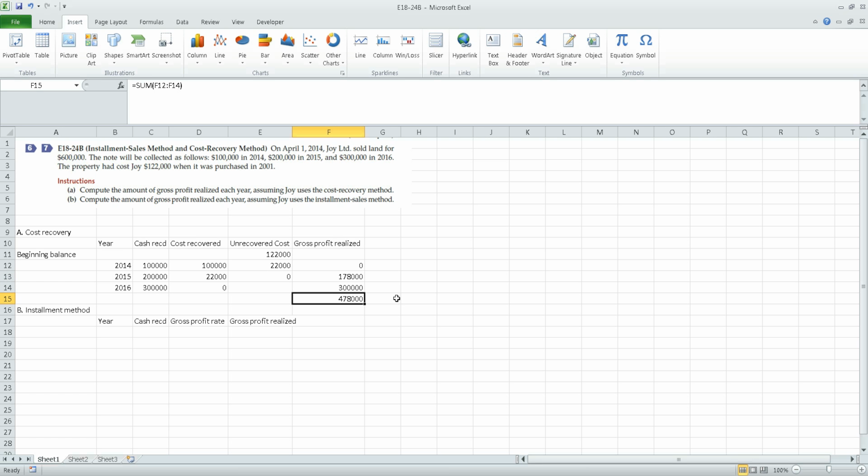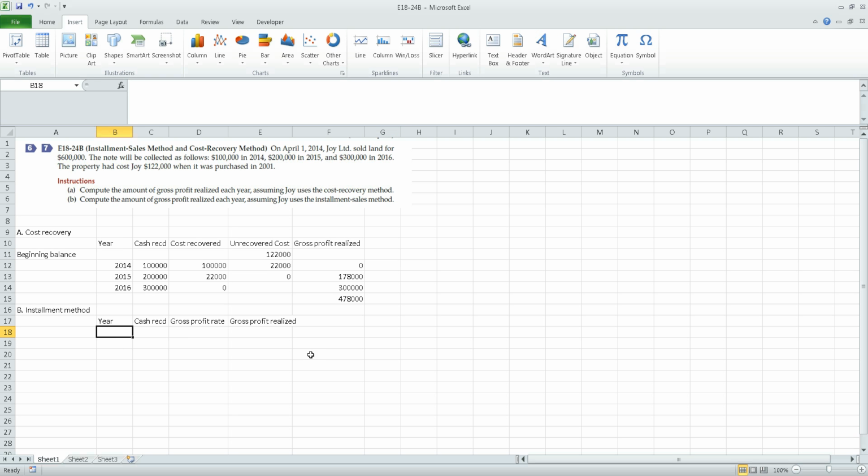That 478, of course, is simply the difference between the sales price of the land, which is $600,000, and the cost of the land, which was $122,000. $600,000 minus $122,000 is $478,000. So, to reiterate, the first $122,000 of cash that we collect from the customer is deemed to be a recovery of the cost of the land, and dollars 122,001 through 600,000 is deemed to be gross profit that we're going to report over on our income statement.